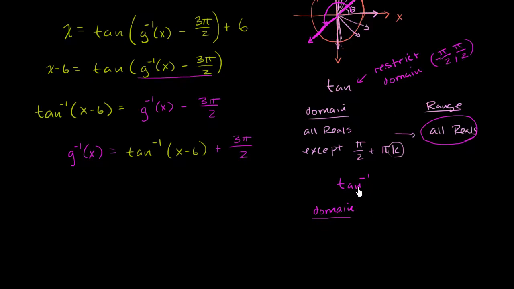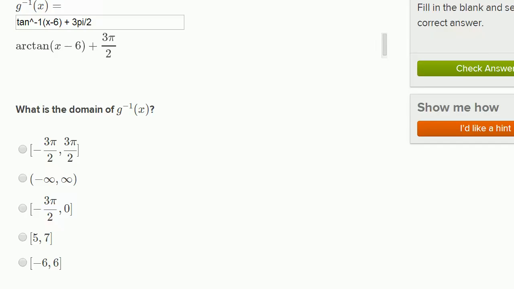So inverse tangent's domain is all reals, but its range is restricted. Its range, and this is by convention, is going to be between negative pi over 2 and pi over 2, not including them.